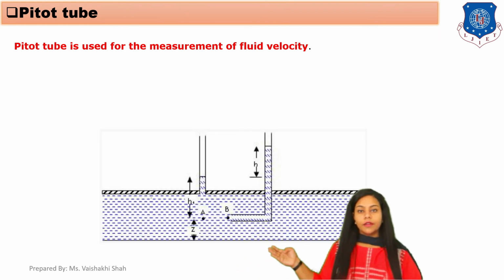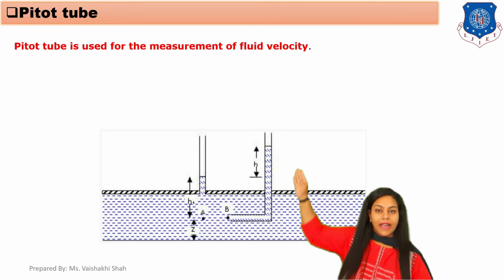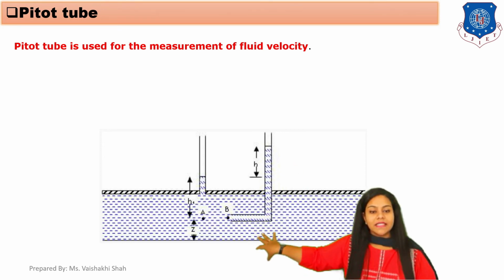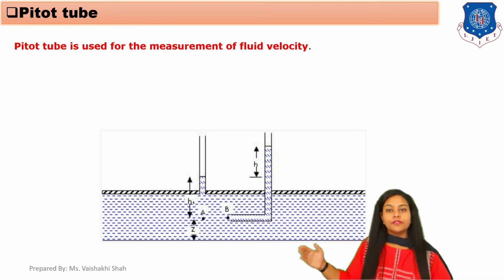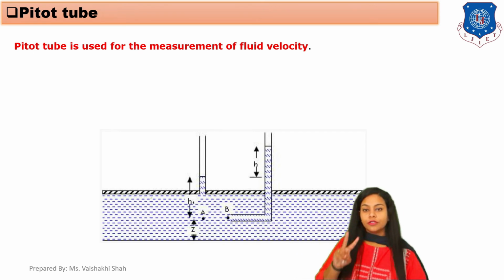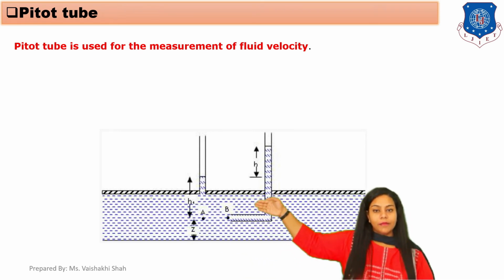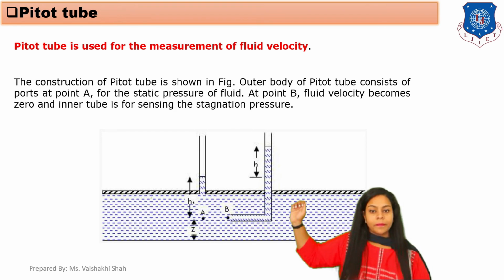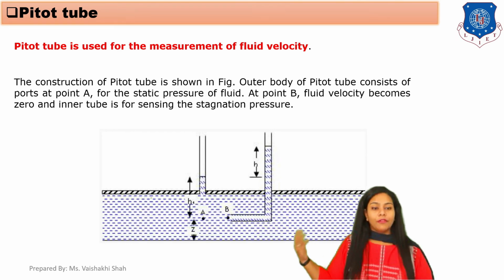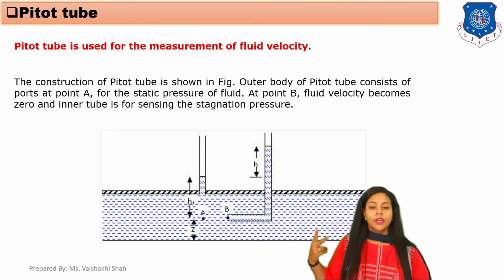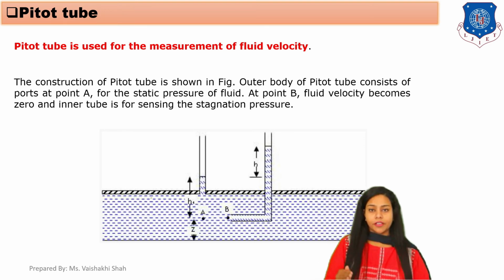Here you can see this L-shaped tube inserted in water; this tube is called Pitot Tube. In this tube you are selecting 2 points, point A and point B. The construction of Pitot Tube is shown in the figure. The outer body has point A for static pressure on the fluid.